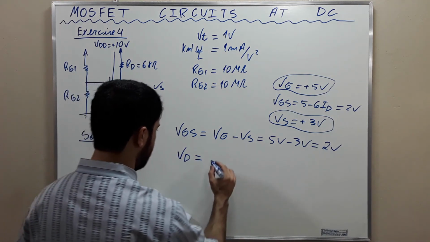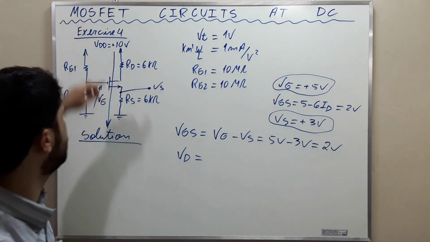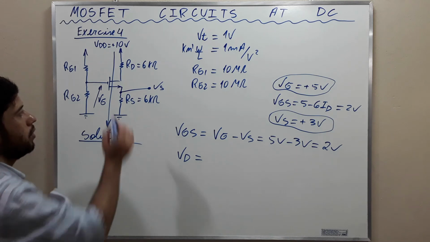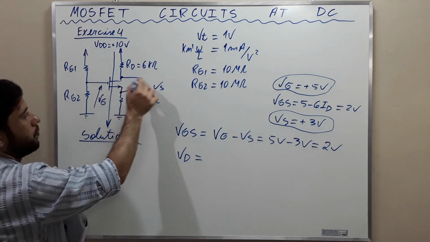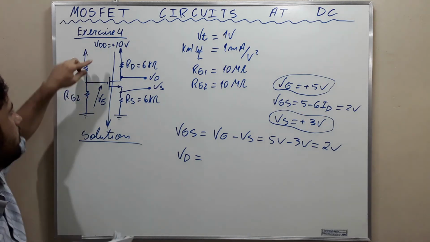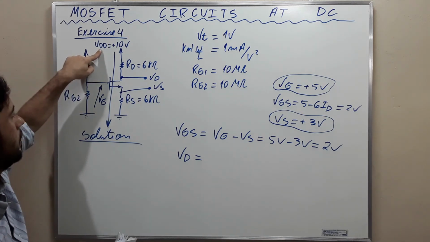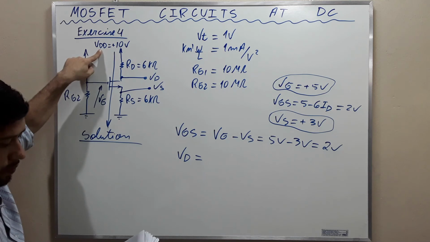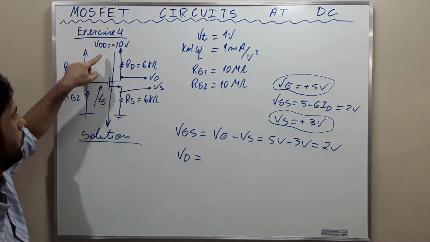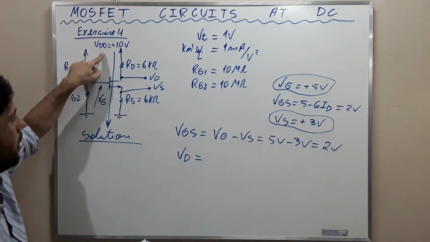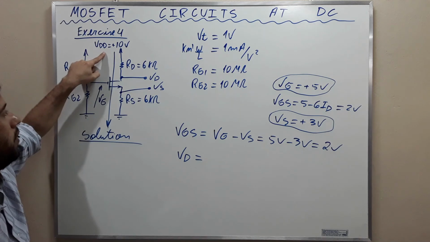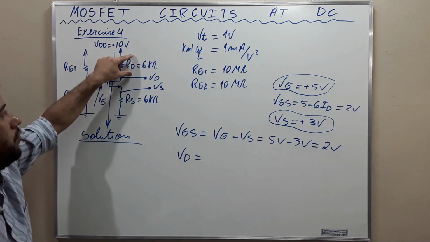Vd is here. Vd is going to be equal to 10 minus the voltage drop here.